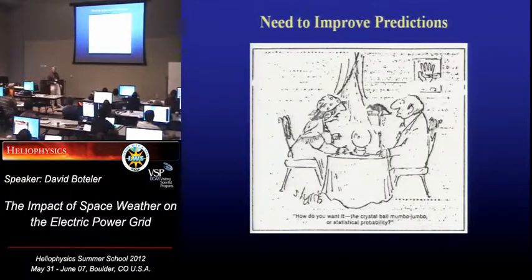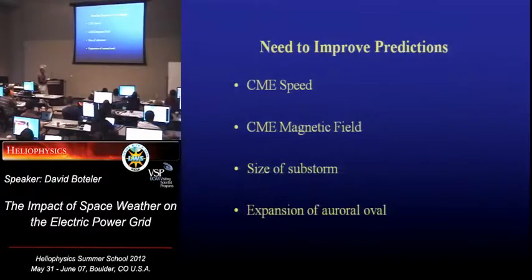And then, of course, we want to use all this knowledge to improve predictions, whether, as they're saying here, we're using the crystal ball mumbo jumbo or statistical probability. And the similar sort of things, CME speed, not necessarily as an indicator of the size of the disturbance, but it'd be nice to know when it's going to arrive so we can tell the power companies that.